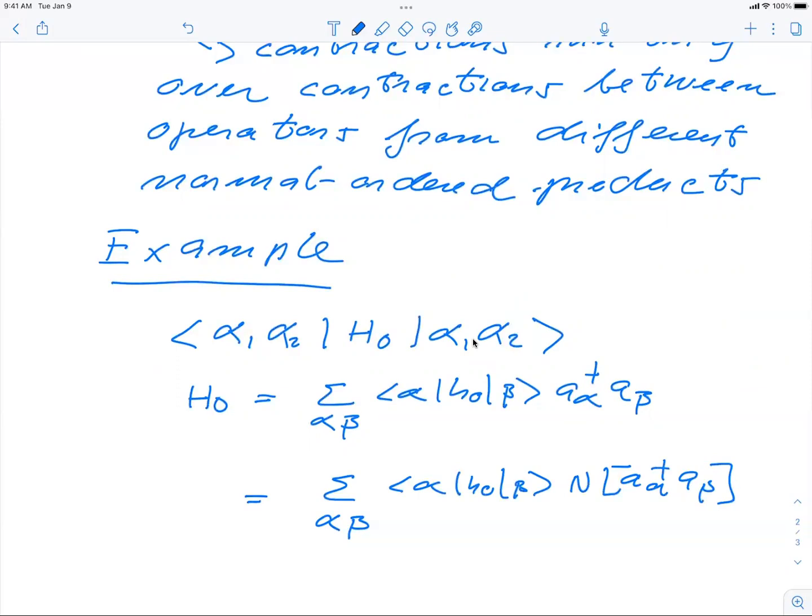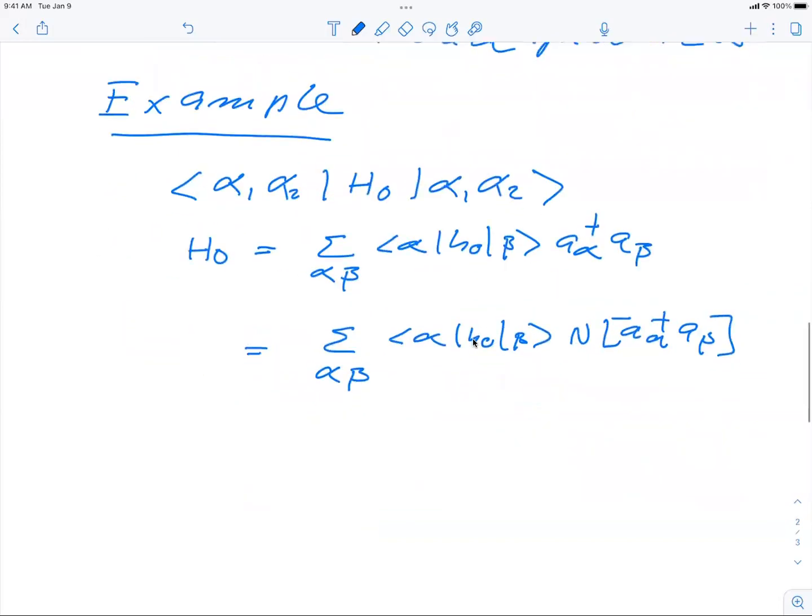So this is an operator which is already normal ordered. If you then look at this state, alpha 1, alpha 2, this is A alpha 1 dagger, A alpha 2 dagger acting on 0. This is also normal ordered, if you look at it.